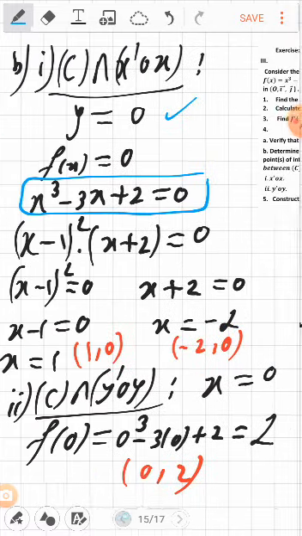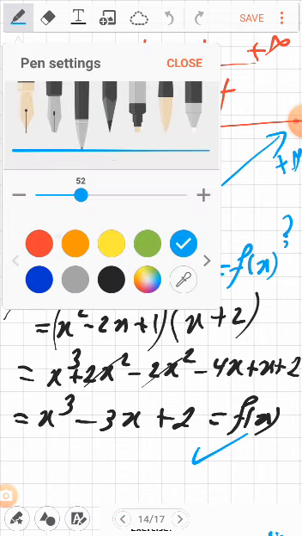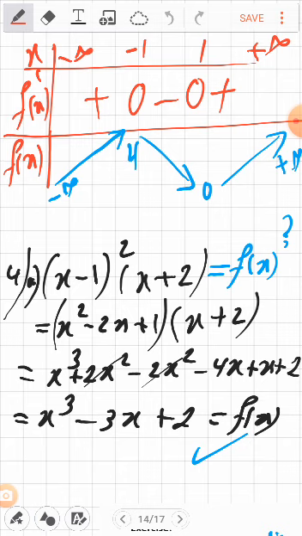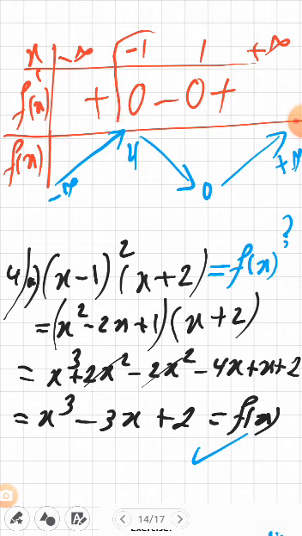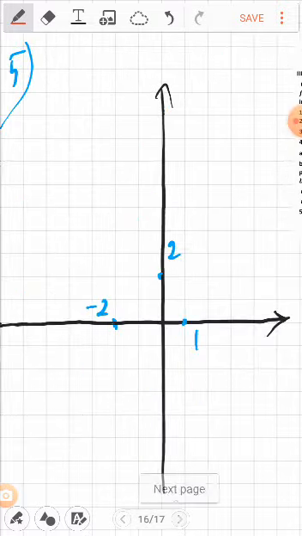Now we have to locate the vertices from the table of variation. Minus 1, 4. Mark them in red. Minus 1, 4. This is a point. x is minus 1, y is 1, 2, 3, 4.